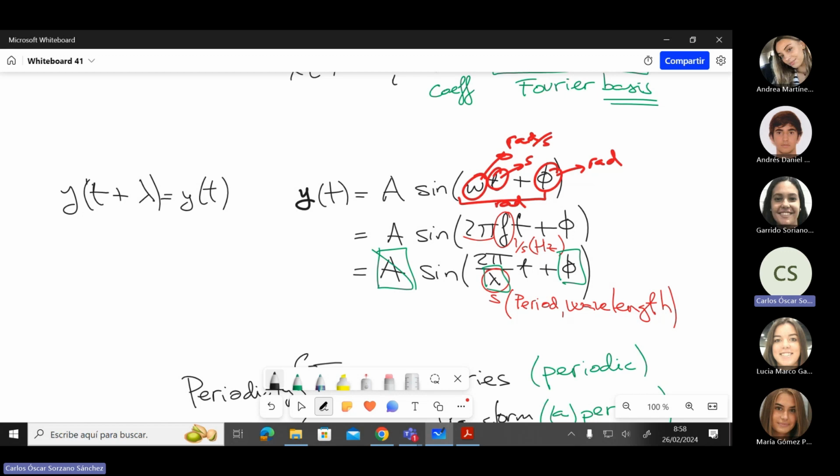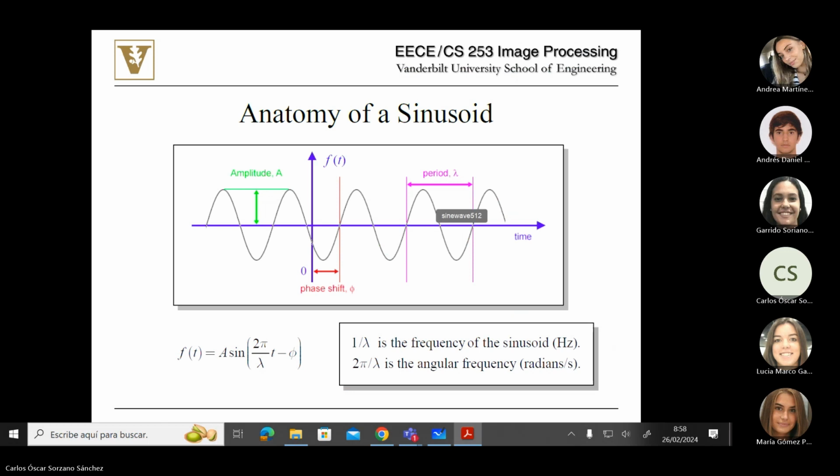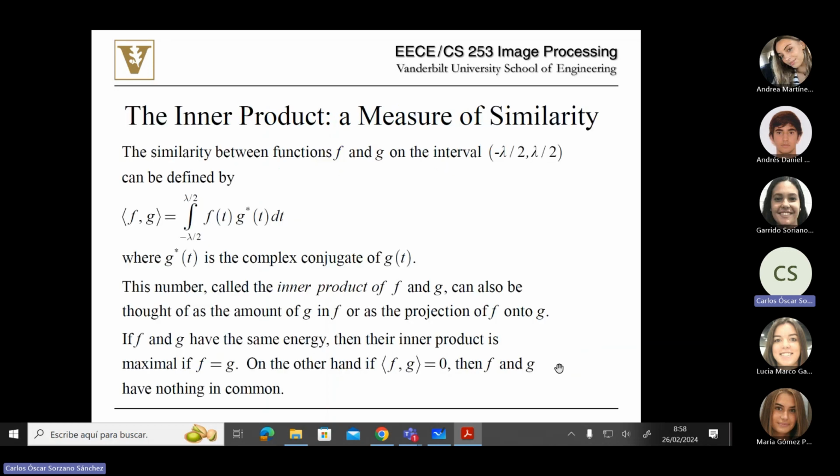This is valid for all t. Okay, so this is the wave. And then you have 1 over lambda measured in hertz, 2 pi over lambda measured in radians per second. All this we defined already.